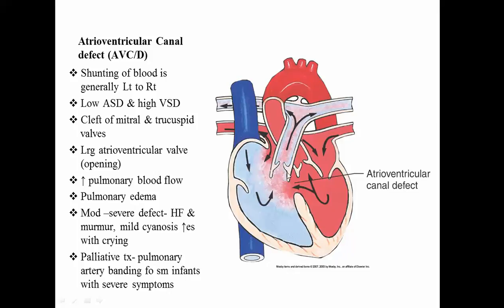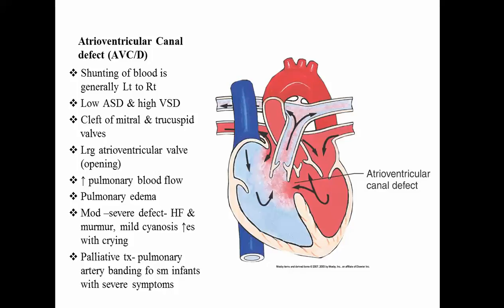There's a high ventricular septal defect, so there's no ventricular septum. And then also, which you cannot see, the mitral and the tricuspid valves are cleft, or split, so they're not fused. So you can see that there is a very large opening that allows blood to flow between all 4 chambers.